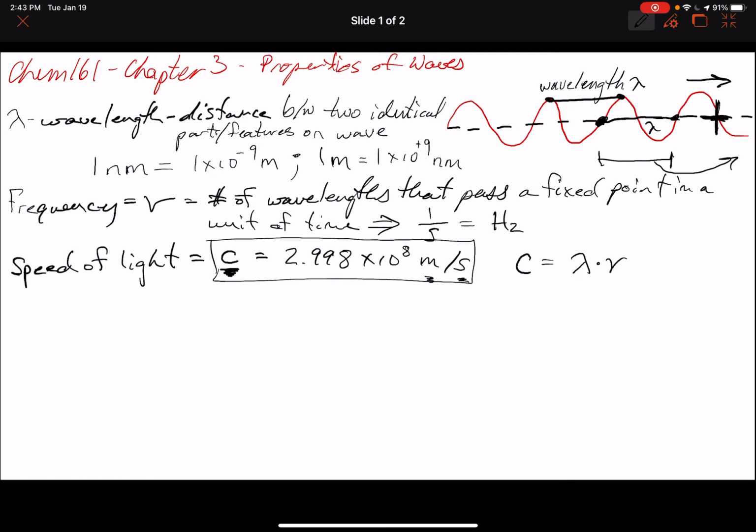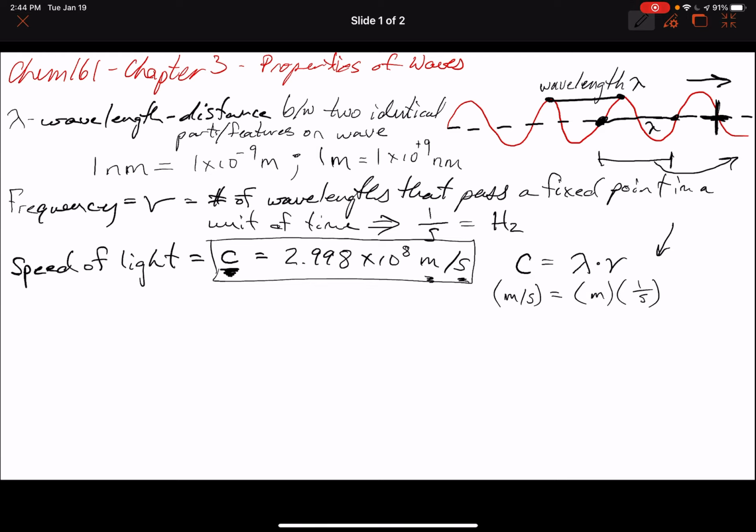And so looking at the units here below, lambda should have meters. And if we input the per second for the frequency, we can see here that the units will work out. So when we use this equation, be sure that you are using wavelength in meters and using frequency in hertz or the per second value there.